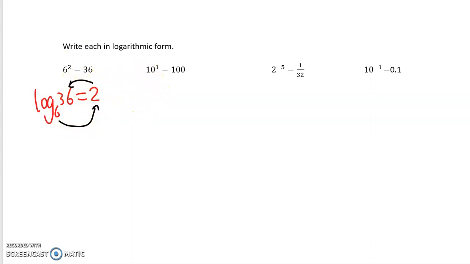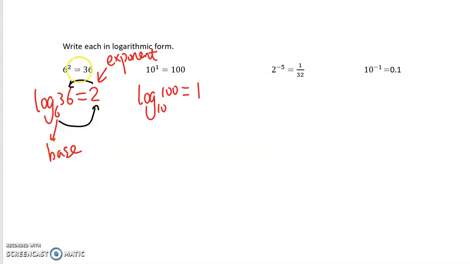Similarly, we can convert the others. Log with base 10 of 100 will be equal to the exponent 2. The right-hand side is going to be the exponent of the exponential form, and the base of the log is going to be the same as the base of the exponential form. All right, so we can convert the next equation.